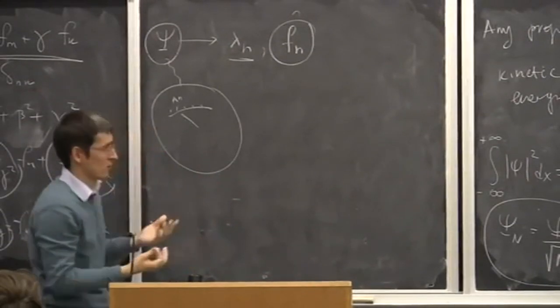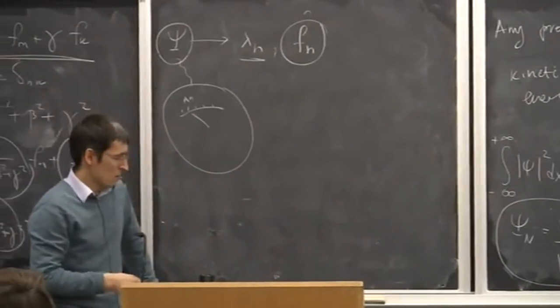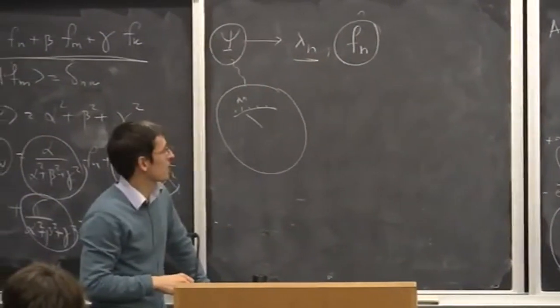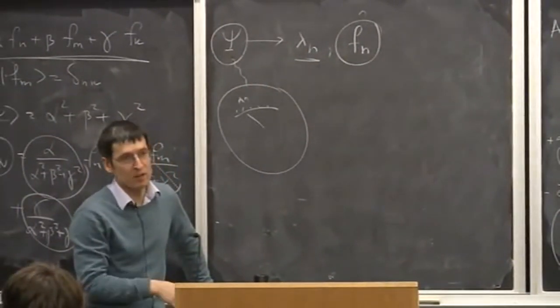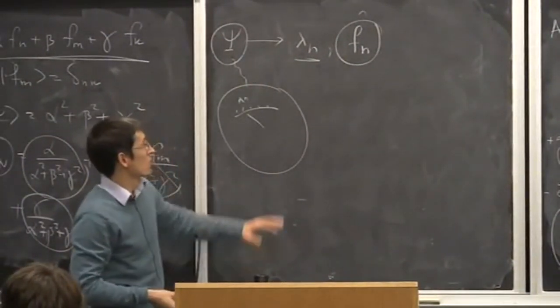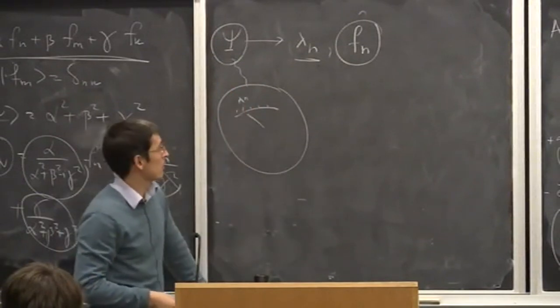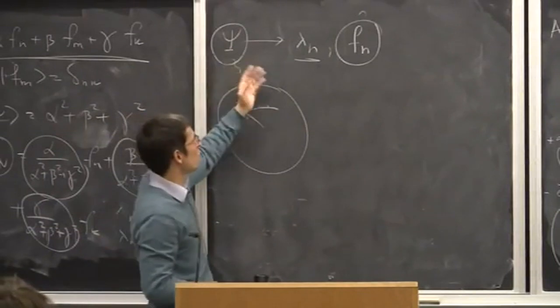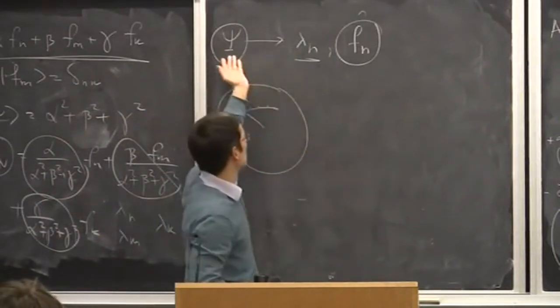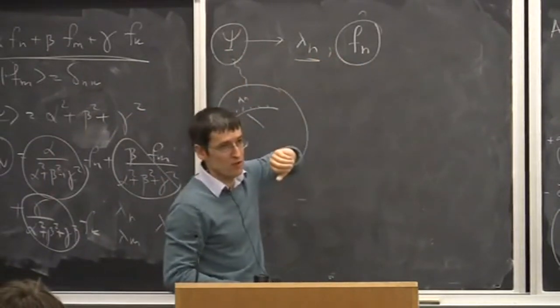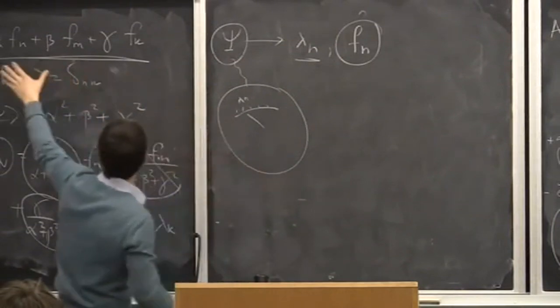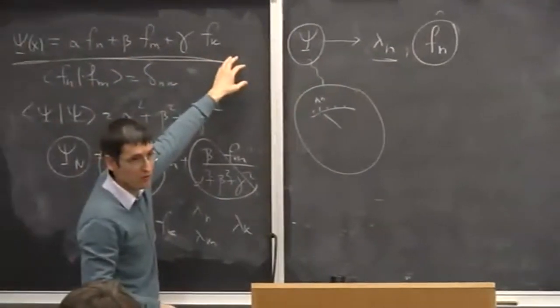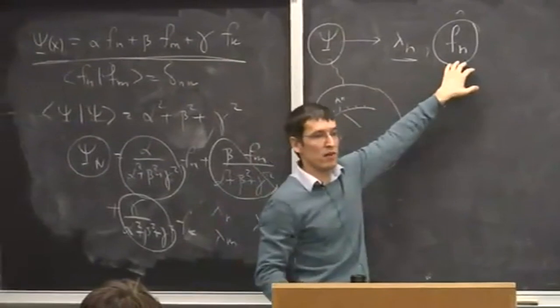That's the postulate of quantum mechanics, and understanding why this is happening goes beyond this course. So right now I will just postulate that that's what reality is. If you measure and you get lambda n, then the function collapses to function fn. So it's not anymore a linear combination of three functions, it's just one function fn.